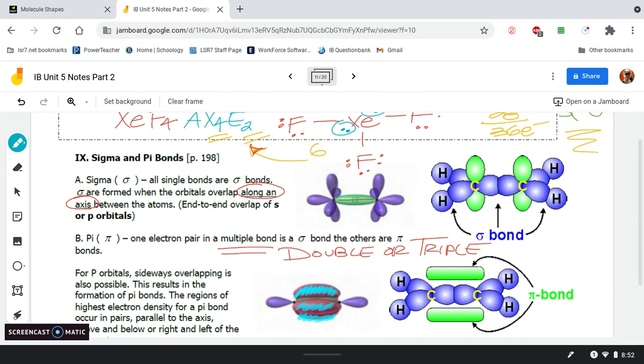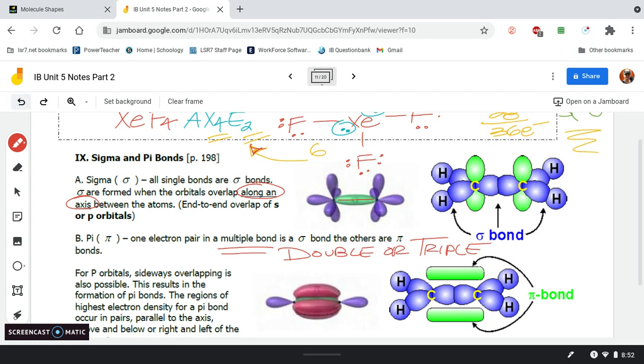If we have this already and I add a double bond, where does the double bond go? It's going to have to go above it and below it, or to the left and to the right. So the multiple bonds just surround the single bond. Like if you have balloon animals, you already got a balloon in the middle.